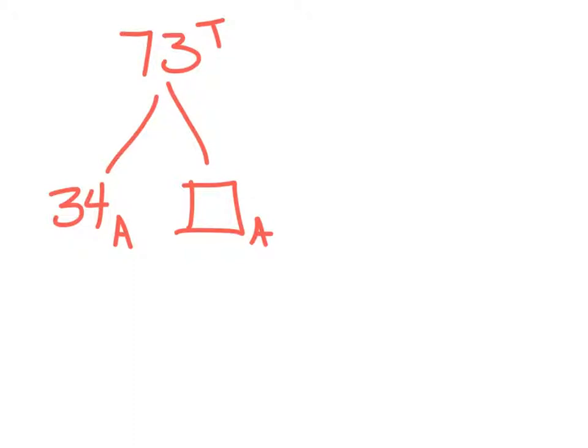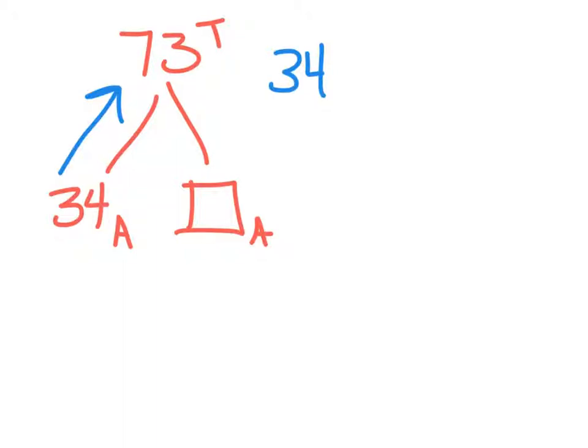Well, we could count on using our sticks and circles. So if I wanted to count on from 34 to 73, I could start with 34. I'm going to start counting on using my sticks and my circles, so my ones and my tens.